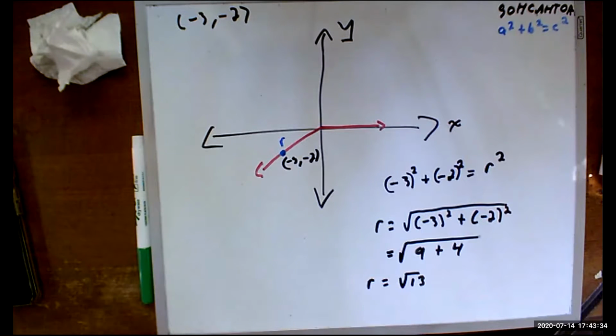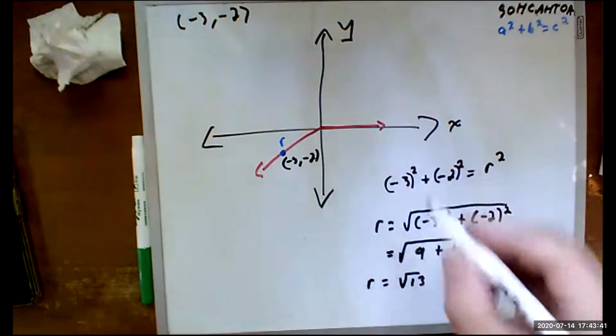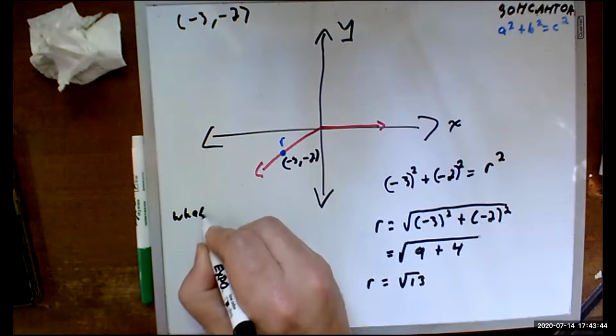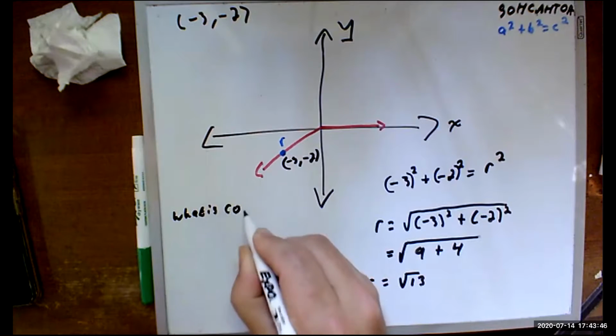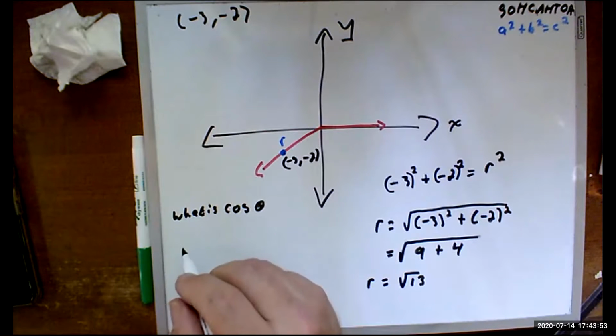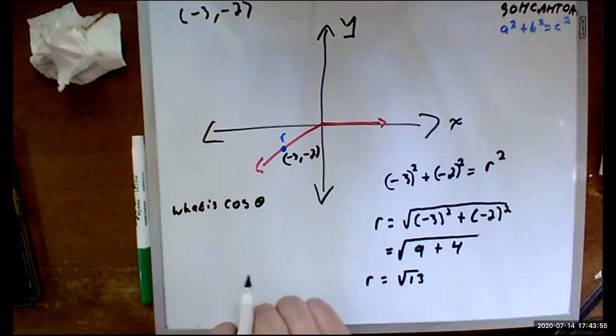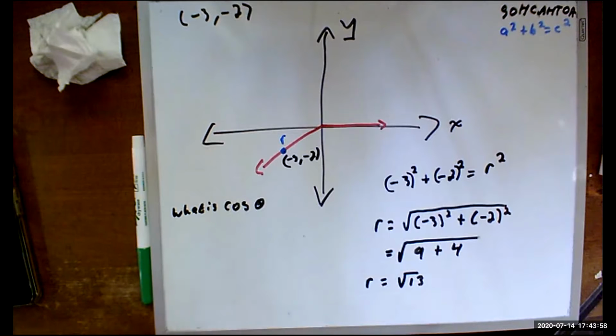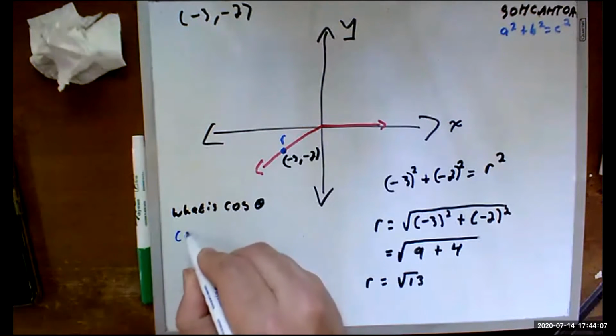Okay, so let's say that we want to find the cosine of this angle. What is the cosine of theta? Cosine, we remember, is going to be adjacent over hypotenuse. The other way that we were looking at cosine is also to think of it as x over r.